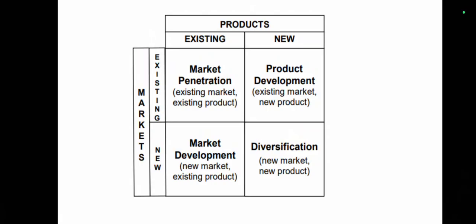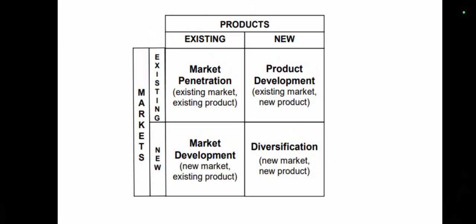If you enter this market and compete with other competitors with the same product, it is called market penetration. Let's say for mobile phones, the market is already there, but you introduce a new model of mobile with some distinct features from the other brands, then it is called product development.